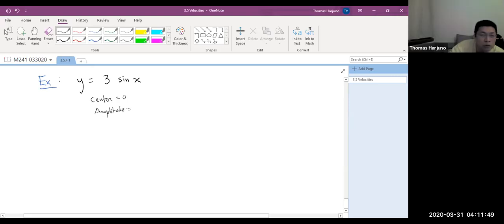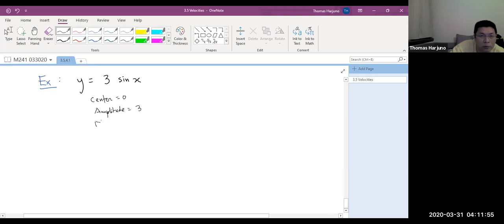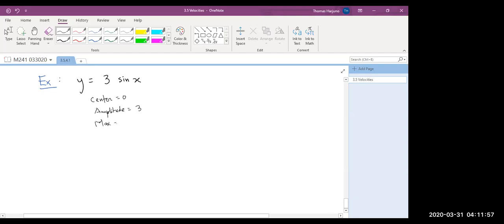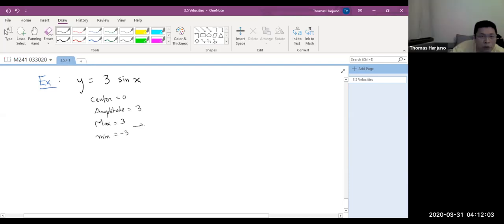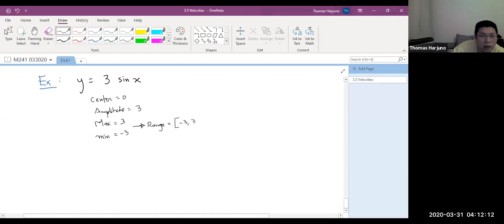From y equals to 0, how far it goes up and down? 3. Goes up and down 3. Therefore, what is the maximum? 3. How about the minimum? -3. Therefore, the range will be from -3 to 3 inclusive, including the endpoints. The period is still the same, 2 pi.